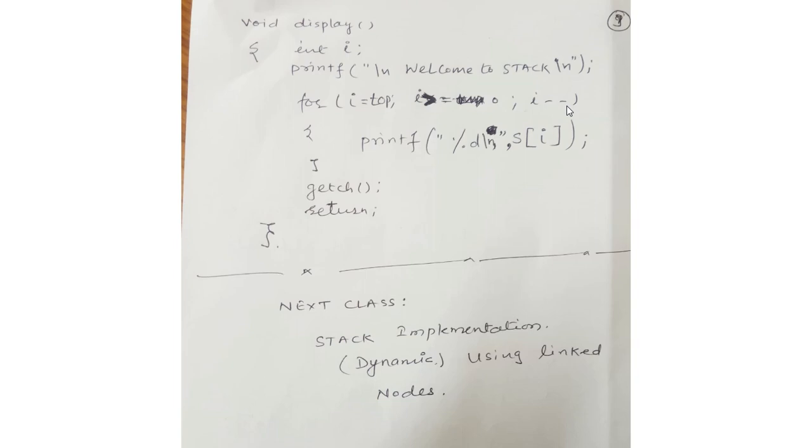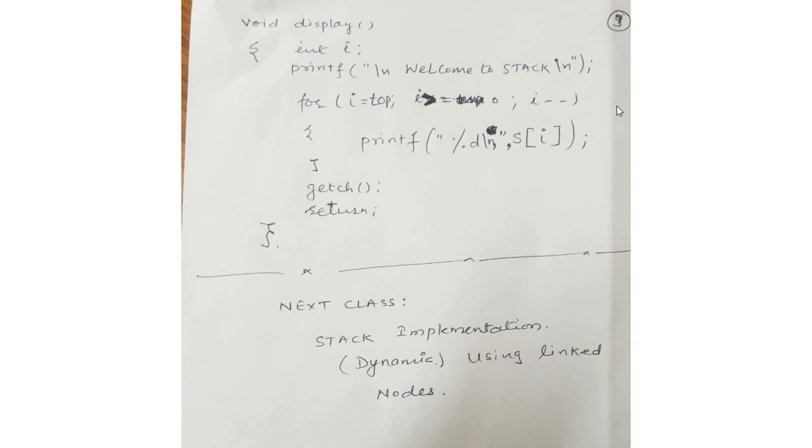I'm running it in reverse manner because I want a visualization effect. Like if there are 4 elements in the stack, 10, 20, 30, and 40, and 40 is on top, then I want to display on the screen 40 on the top, then 30, then 20, then 10. Therefore, I am using this reverse loop.